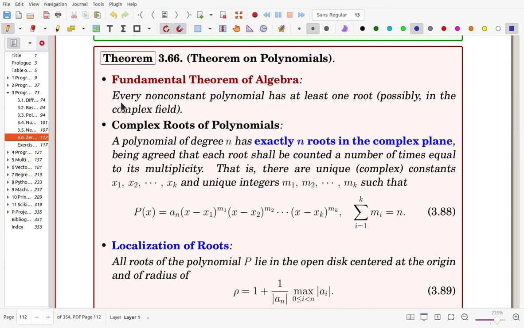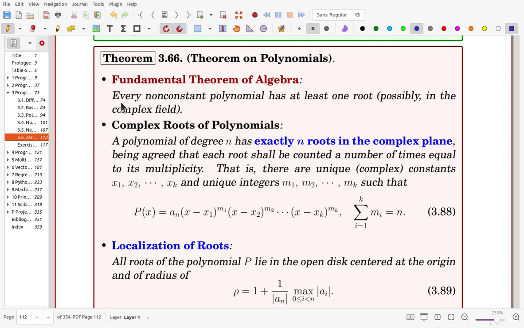Every non-constant polynomial has at least one linear factor. For example, a quadratic polynomial has at least one linear factor, but the other part must be again a linear factor, and so quadratic polynomials will have two linear factors.